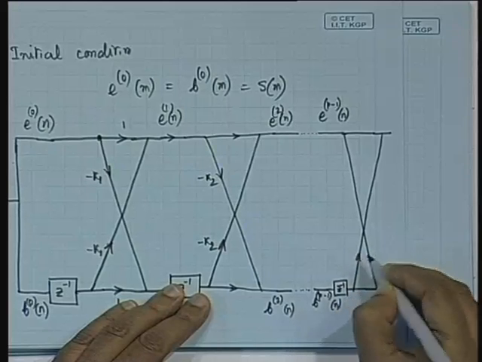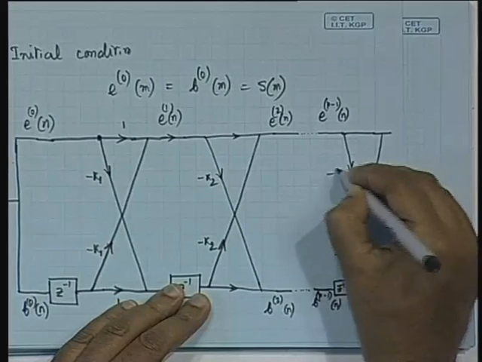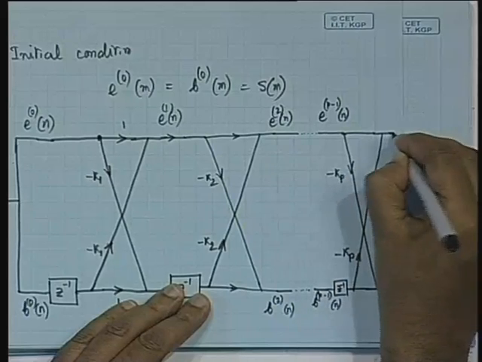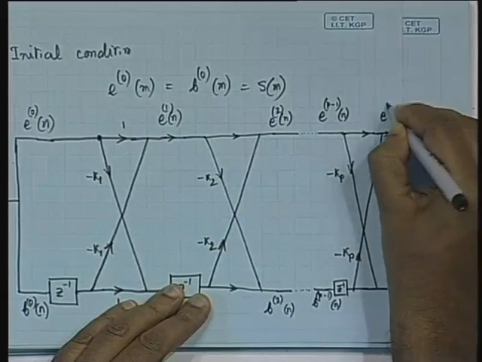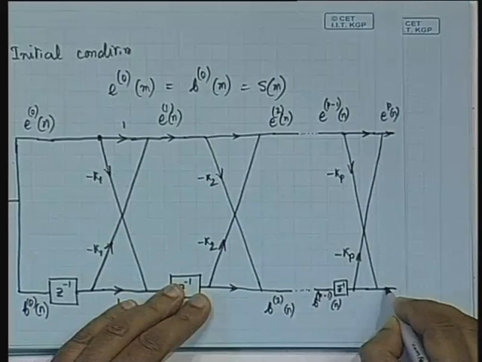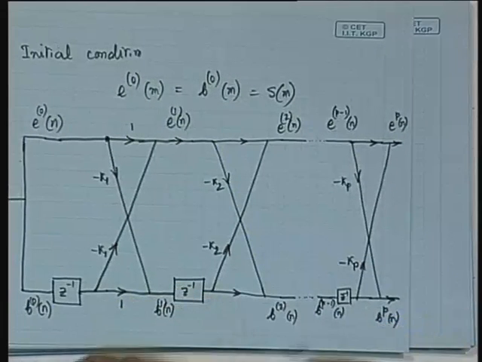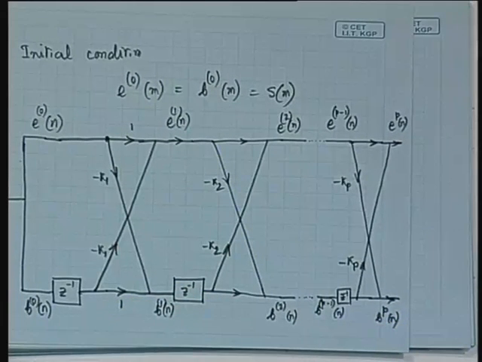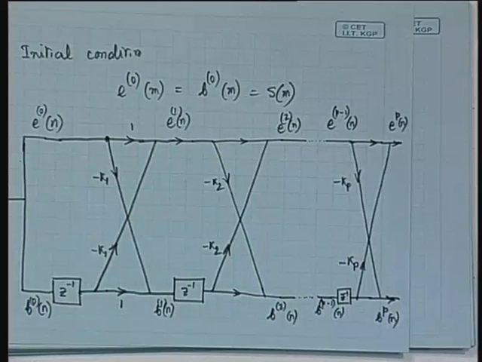So, this will be minus Kp, this will be minus Kp over here, so that at the end you obtain Ep of n, and then you obtain here Bp of n. So, here the filtering ends.